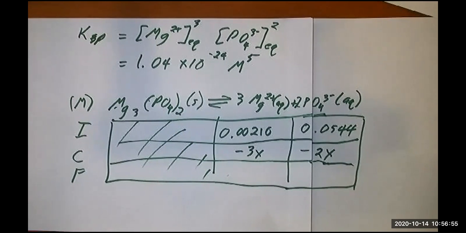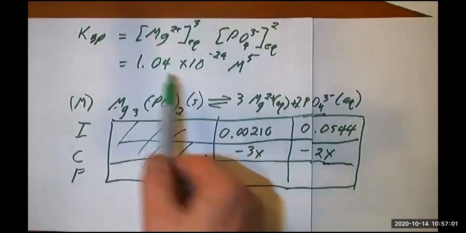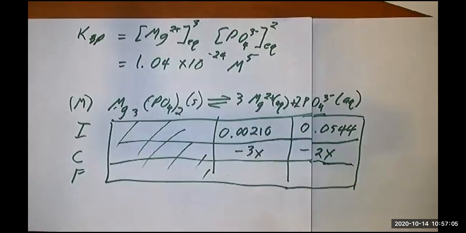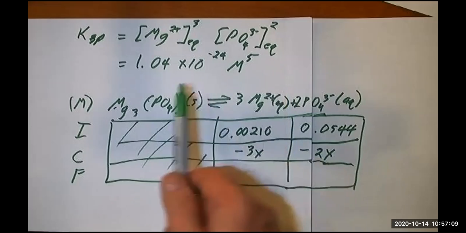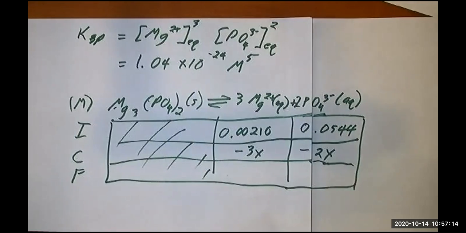That means that in the final analysis, when we look at this set of concentrations at equilibrium, both this concentration and this concentration are going to have to be extremely tiny in order for the product of them to equal 1.04 times 10 to the negative 24th.